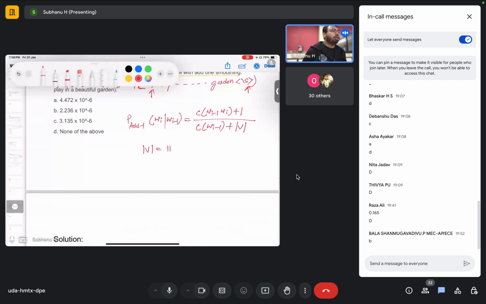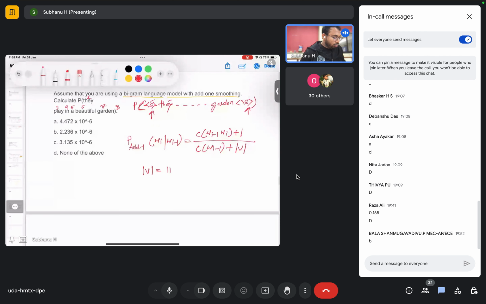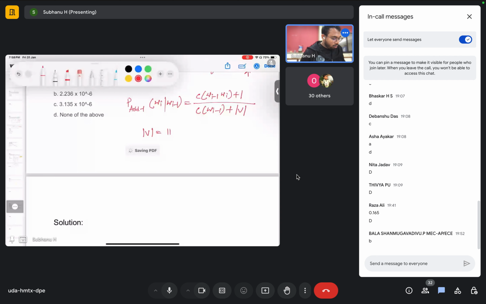So how can we calculate it? Before calculating this one, we have to calculate the probability of the word given the beginning of the sentence, which is given two times, I think. We have already done this one.